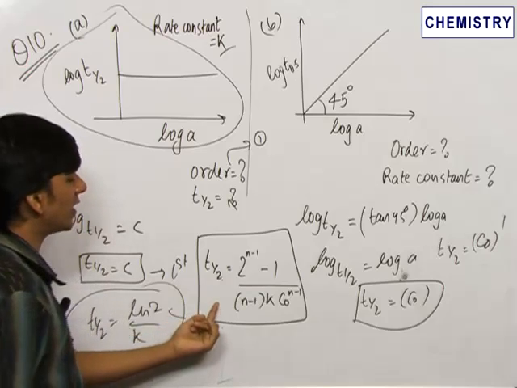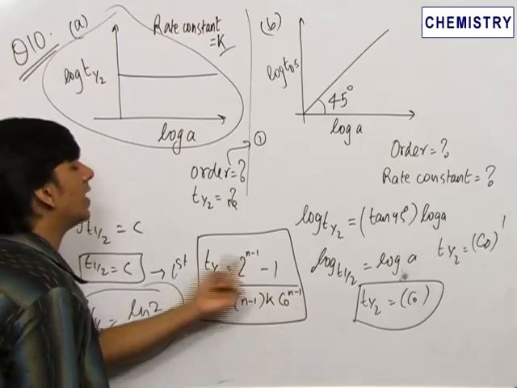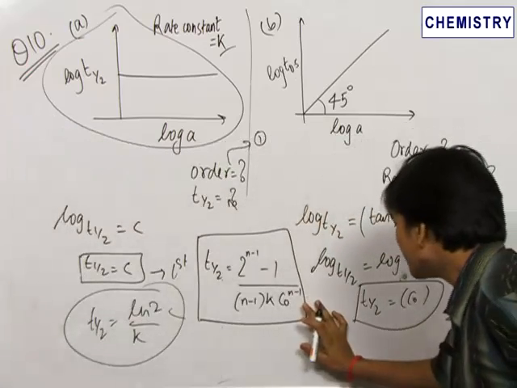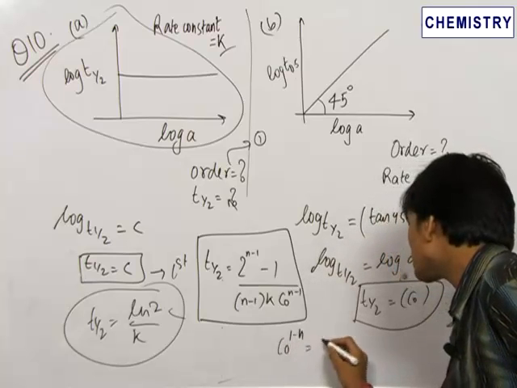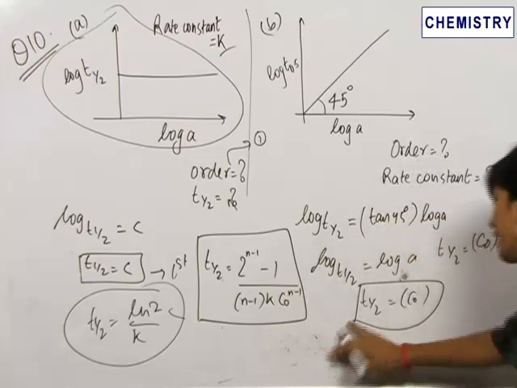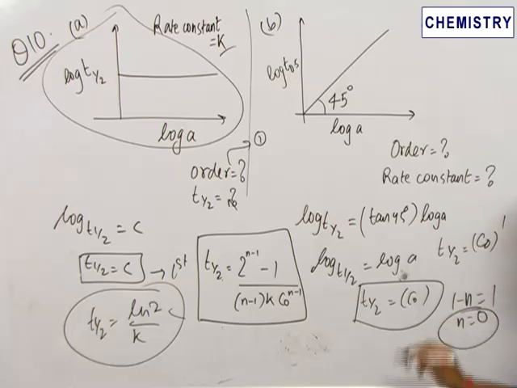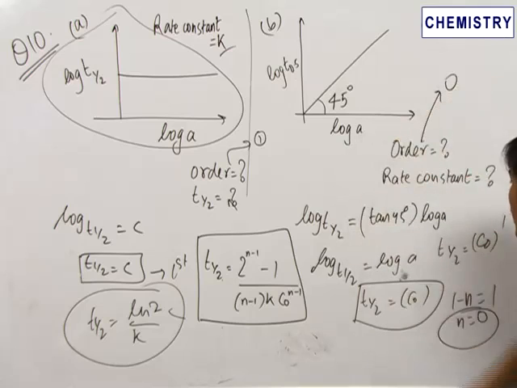This is the formula for T half in terms of the initial concentration C naught for any nth order reaction. So we see that C naught raised to the power 1 minus n is equal to C naught. The power of C naught is 1 minus n. Therefore, we get here that 1 minus n is equal to 1, that is n is equal to 0. Therefore, we now find out that the order of the reaction is 0.